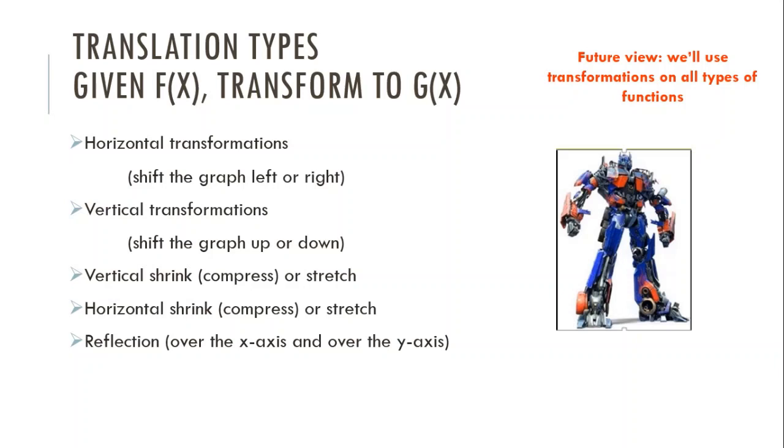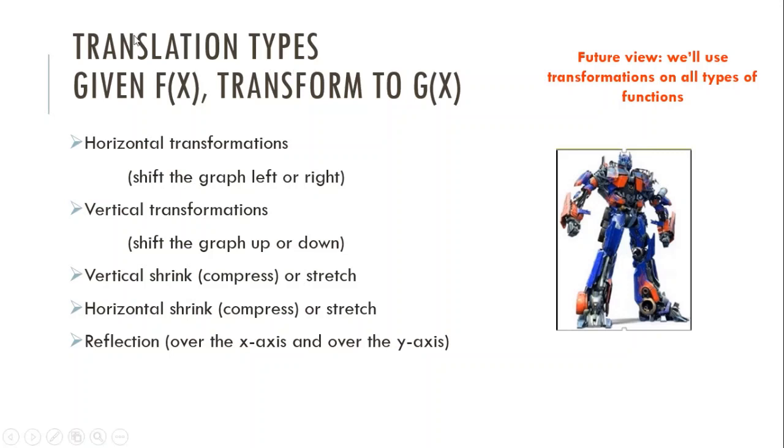So a transformation. You can think about it literally in terms of a transformer. You're taking something and you are transforming it. You're changing it somehow into some future view.